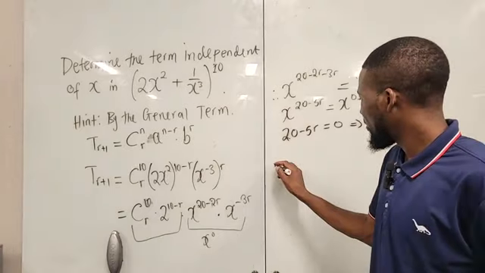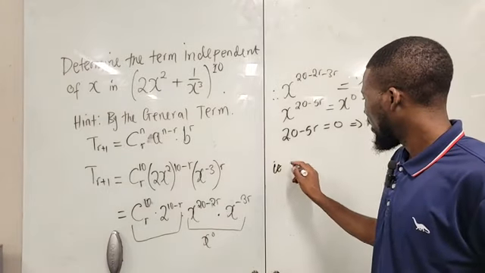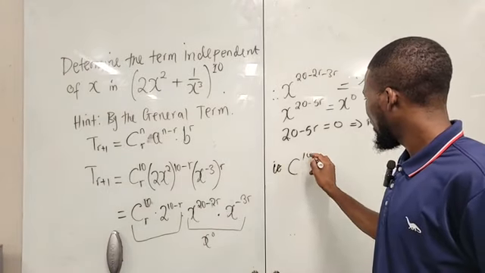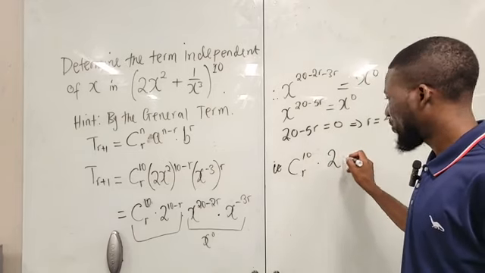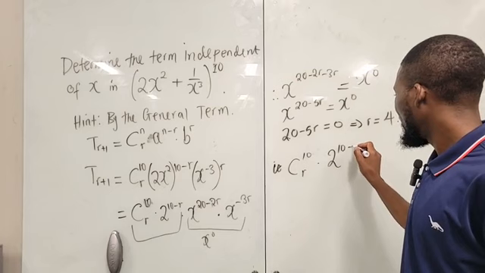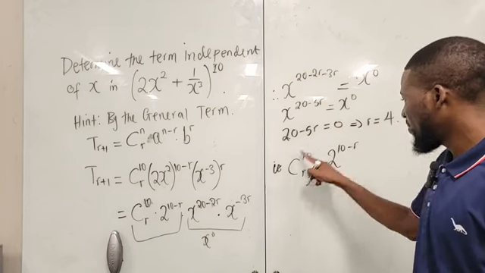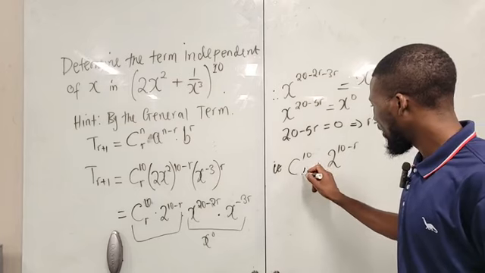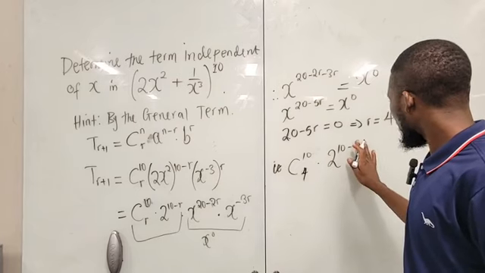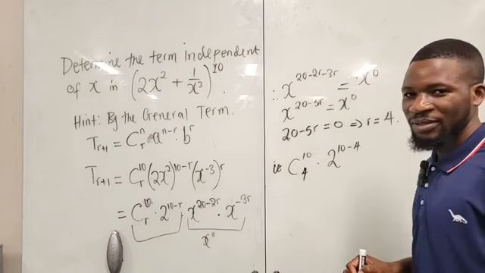So that is C 10 combination r. Then we are going to multiply by 2 to the power 10 minus r. So this is the term that does not have x. But we know that r is 4, so I write 4 here, and I write 4 here, okay?